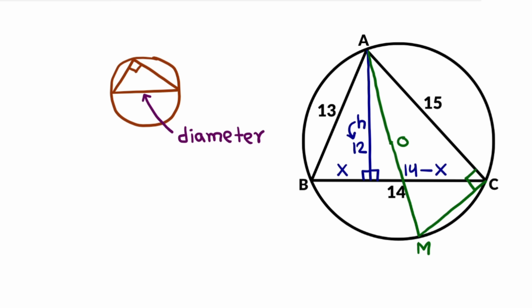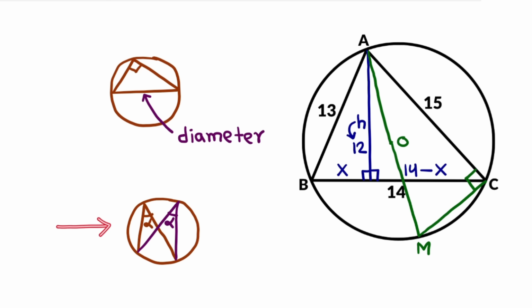Now compare triangle ACM with our original triangle ABC. Notice something remarkable. Angle B and angle M both intercept the same arc, namely arc AC. Another geometry rule tells us that if two angles point to the same arc, they are identical angles.